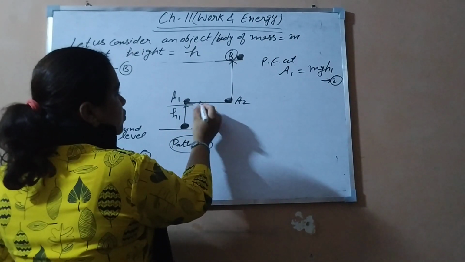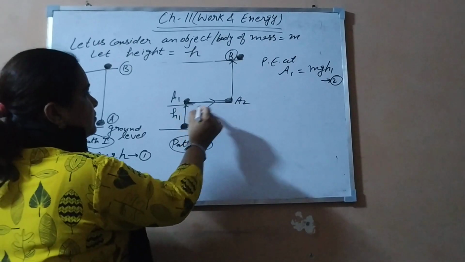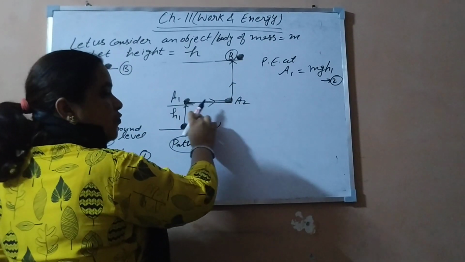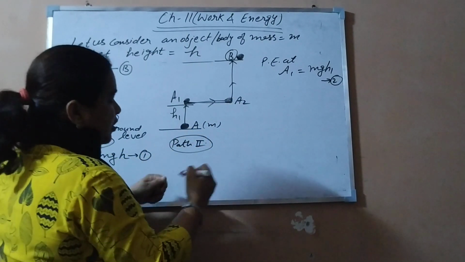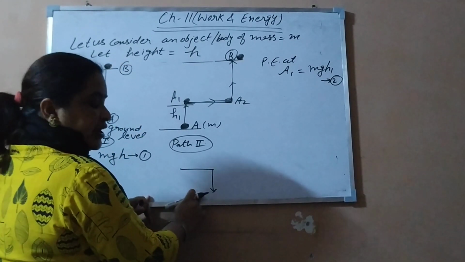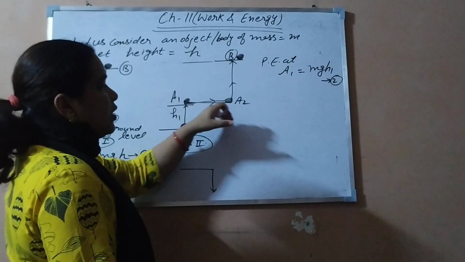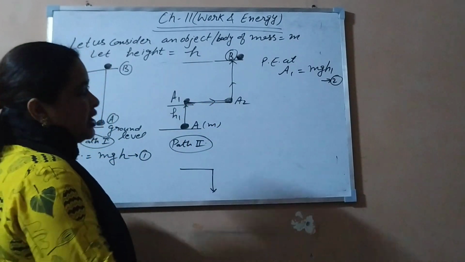Now when the body goes from this position to this position, it is a horizontal direction. What is the amount of work done against gravity? When a body moves horizontally, the force and displacement are perpendicular. So from A1 to A2 the height is the same, and there is no change in potential energy.